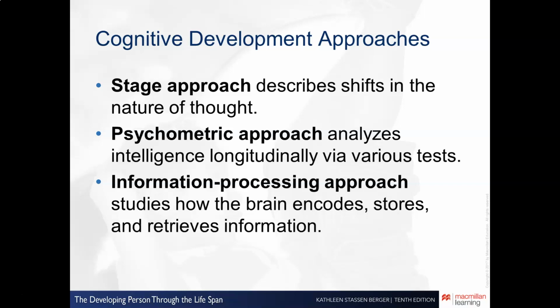Now, there's a term called the psychometric approach. I think you can guess that it refers to psychology. Metric means measurement, so measuring psychological processes. That basically analyzes intelligence longitudinally.